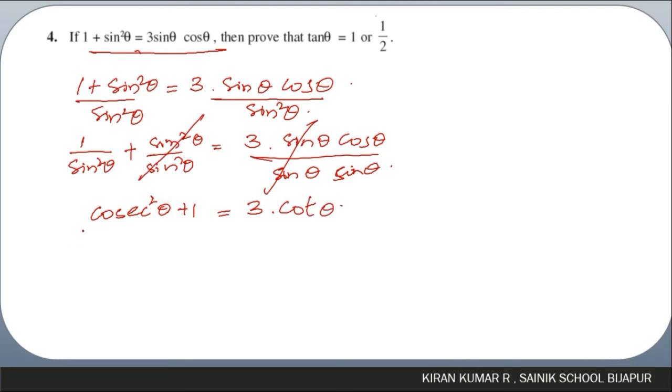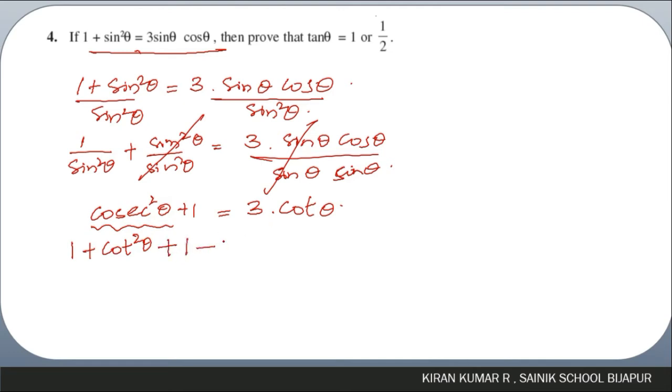Now this can be written as, cosecant square theta can be expressed in terms of cot square theta. We know that 1 plus cot square theta is cosecant square theta, so 1 plus cot square theta in the place of cosecant square theta plus 1.